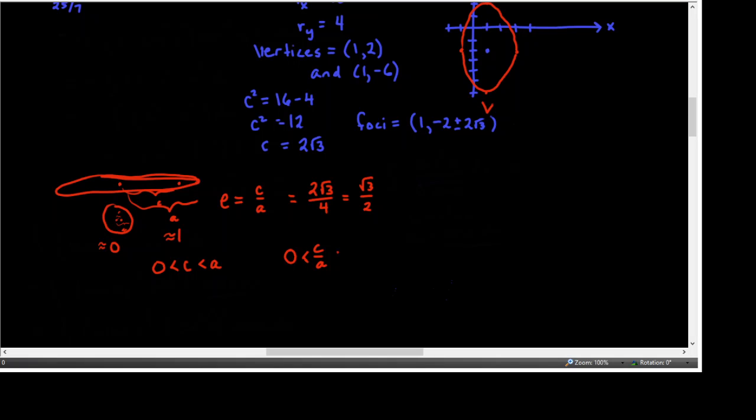And on the other extreme, C over A would be close to 1. In fact, you can get from here to here by dividing everywhere by A. And so if you have an ellipse, the eccentricity will be a number between 0 and 1. And the closer that number is to 0, the closer it is to being circular. The closer that is to being 1, the more elongated that ellipse will be.